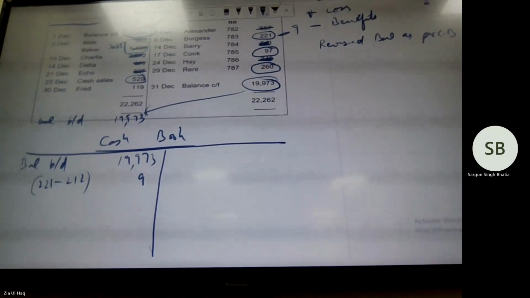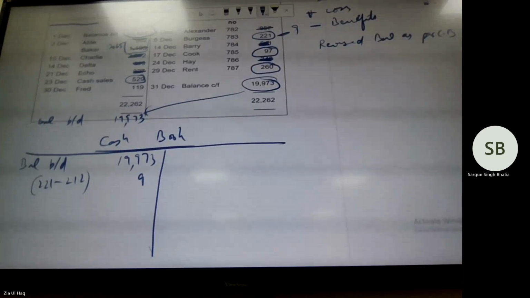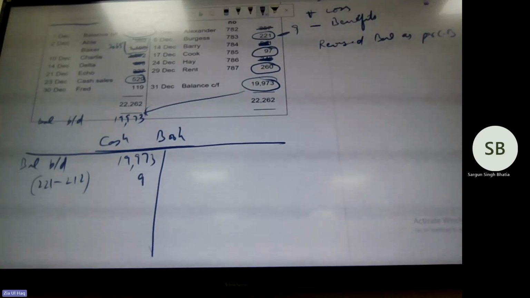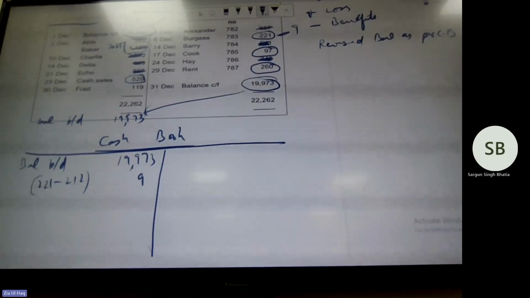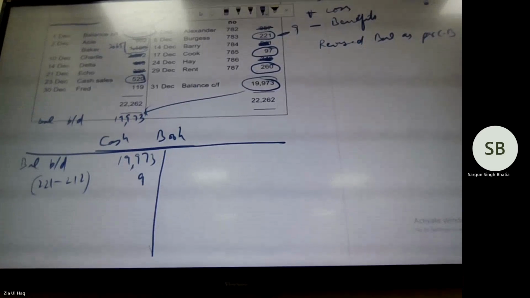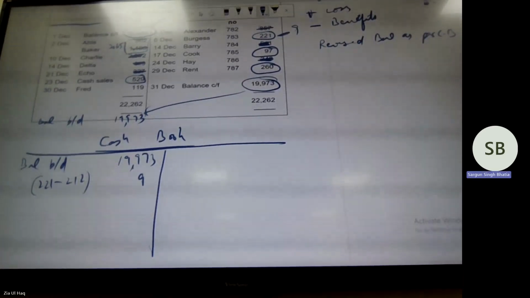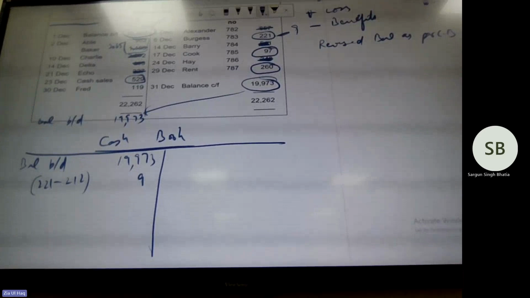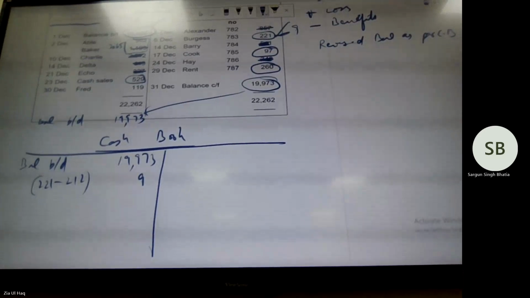So the cash book is wrong. We have recorded 9 more payment. To rectify it, we will record 9 on the debit side so that the extra 9 is compensated. Is that fine? Yes, sir. So this we have dealt with.